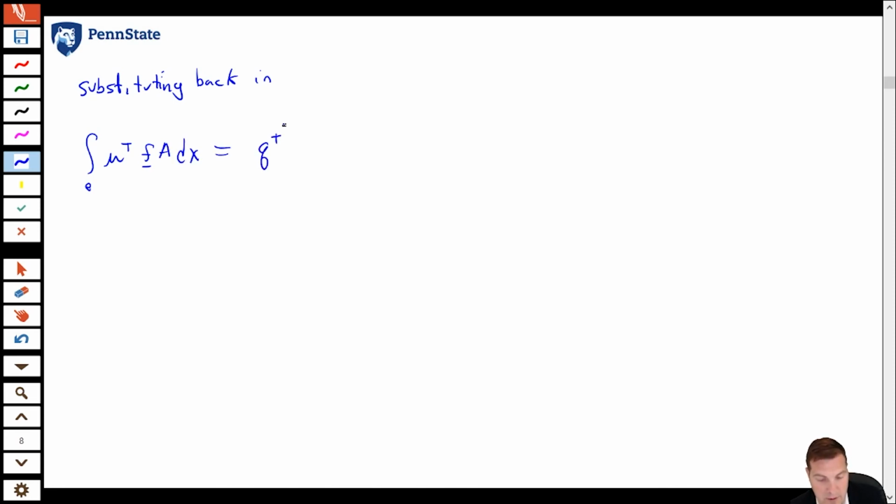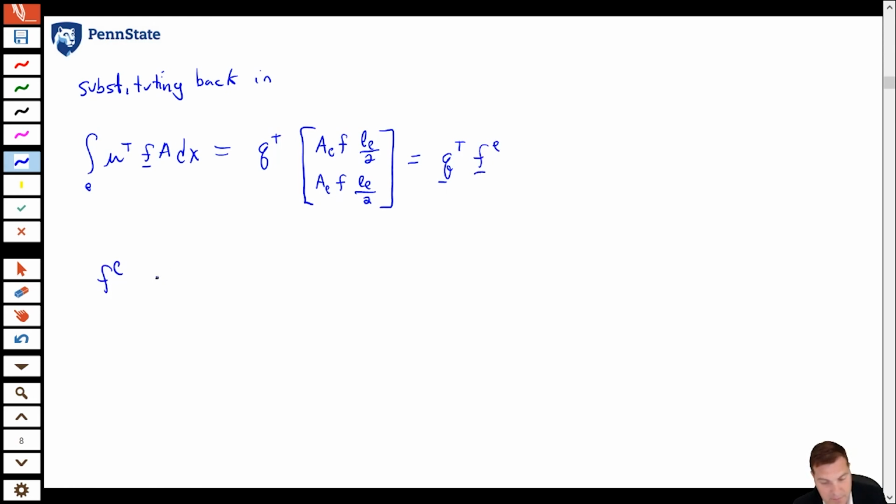That's going to be equal to q transpose and then a sub e f, le over 2, that integral we just computed, a sub e f, le over 2. And we can also write that, if we'd like, in matrix form, which is just q transpose f e. Okay, we call the vector f e, a sub e, l sub e times f over 2 times 1, 1.